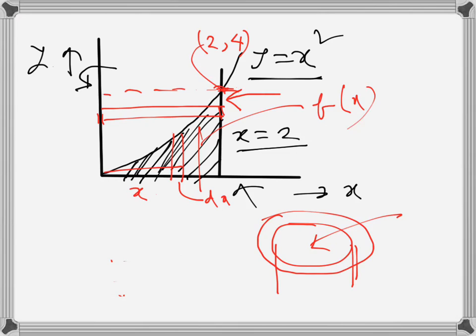Now we find the volume generated by revolving this parabola only about the y-axis, using the disk method. If we take a small section here, this is the thickness dy, and this one is x.